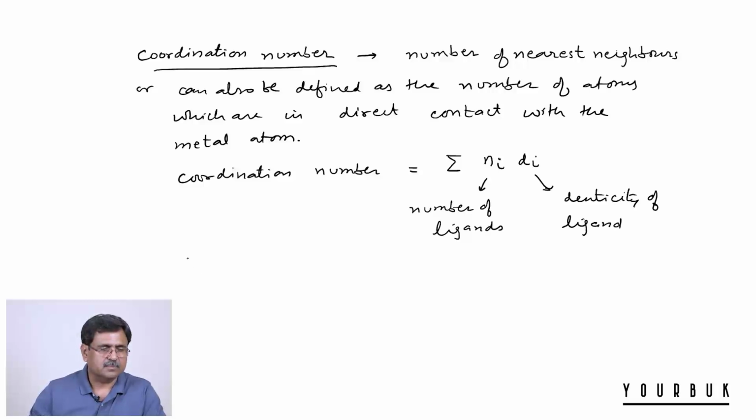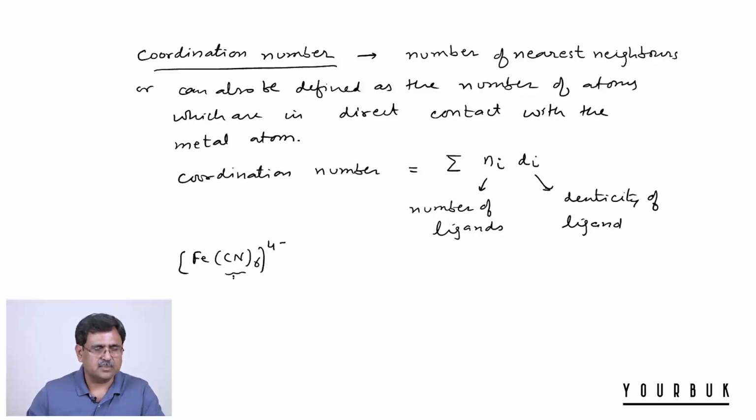For example, this is [Fe(CN)6]4-. Now in this case, any atom or group other than the metal in the square bracket is called a ligand.